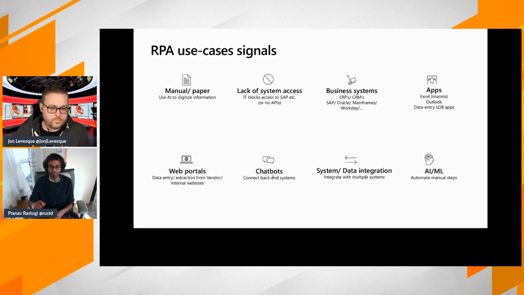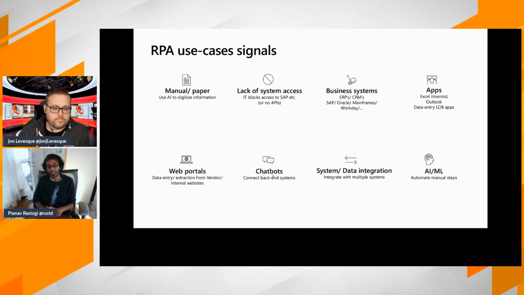If you're doing any system or data integration, let's say that an acquisition is happening and then two systems need to merge together, and you might want to run two systems in parallel, then you can use RPA to either do the data integration, or have them run in parallel and create a system as well. And then lastly, you can always use AI and machine learning to automate your manual day-to-day tasks around processing of data itself.